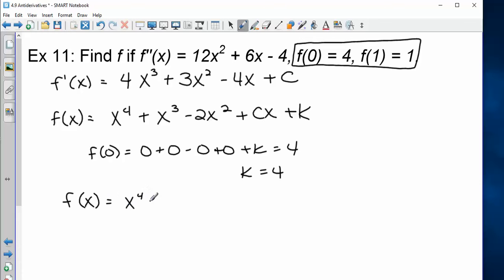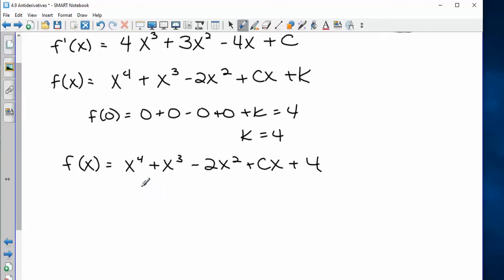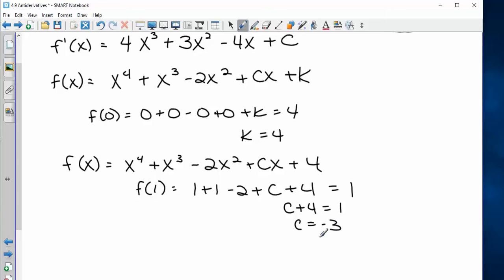So I now know that my equation looks like this. Then to find my C, I'm going to do the f of 1 equals 1. So if I plug a 1 in for all my x's, I get 1 plus 1 minus 2 plus C plus 4, and that has to equal 1. And we get C to be negative 3.